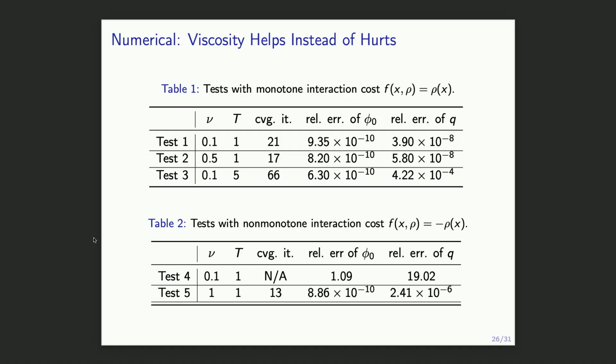And another thing we notice is if you have a non-monotone interaction and you choose a small viscosity, then the algorithm doesn't converge. But if you choose a large viscosity, you actually can converge super fast with a very high accuracy.